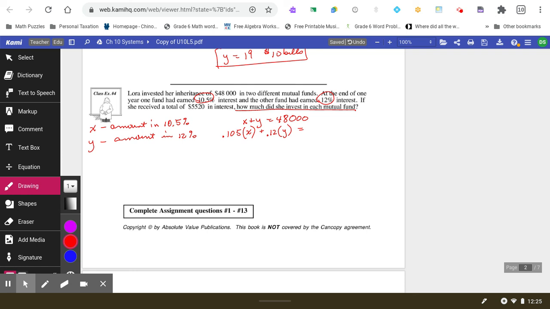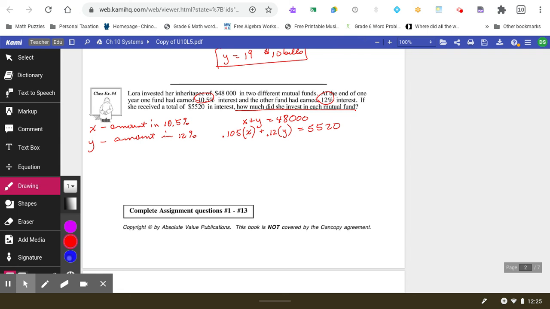And altogether, my interest received was $5,520. Get it? So those are the 2 equations that you need. I don't care what you want to do. If you want to times one equation by 0.12, or if you want to use substitution, it doesn't really matter.